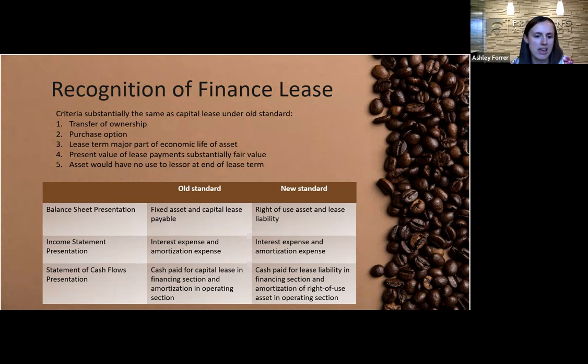And then we also have amortization of the assets in our operating section of the statement of cash flows. Just to recap, for a finance lease, there's really not a ton of changes as far as how we're going to treat a finance lease versus how we were previously treating a capital lease under the old standard.